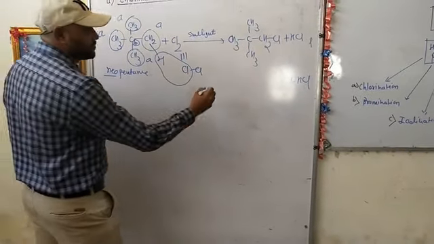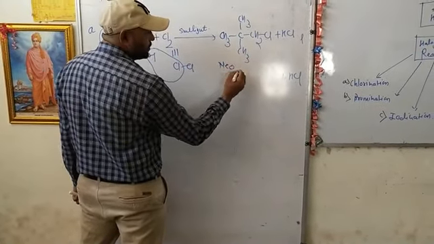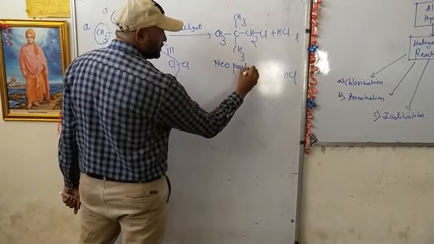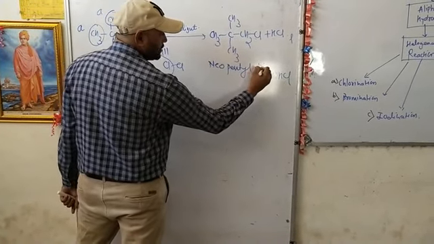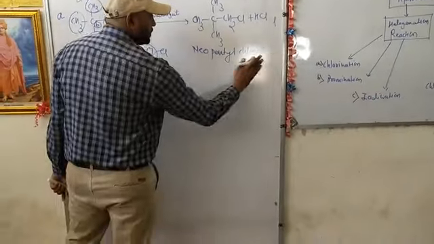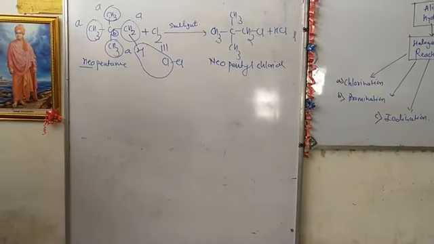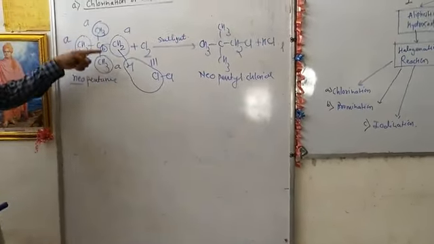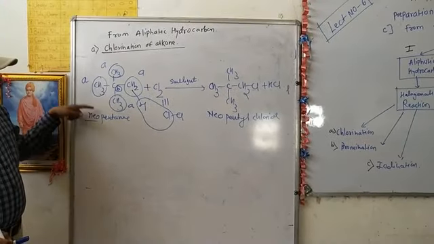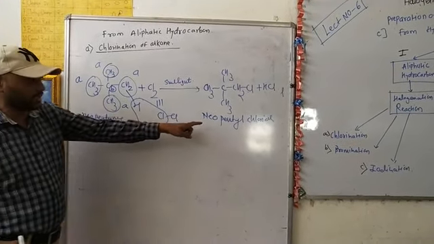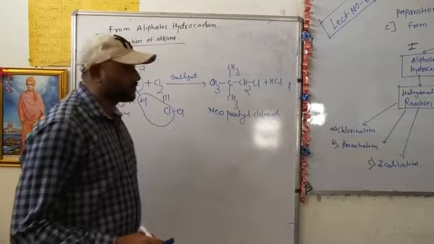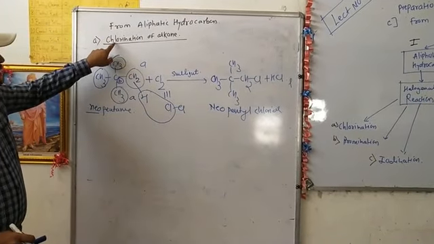The name of this compound is neopentyl chloride. So monochlorination of neopentane gives only one product, that is neopentyl chloride. This is the end of the chlorination of alkane.